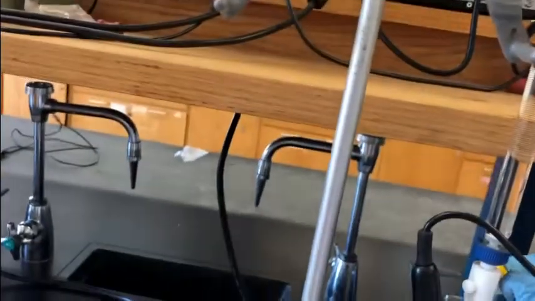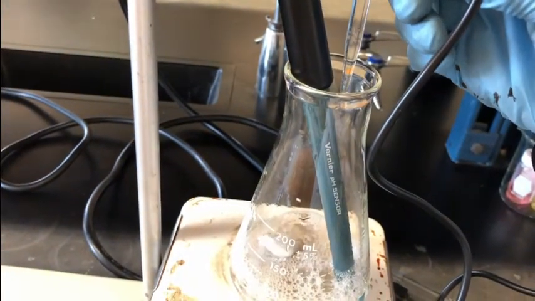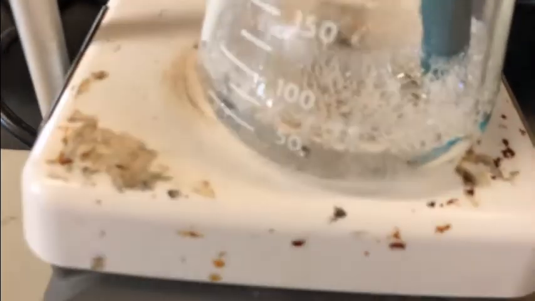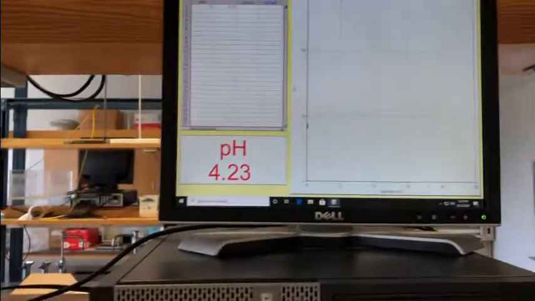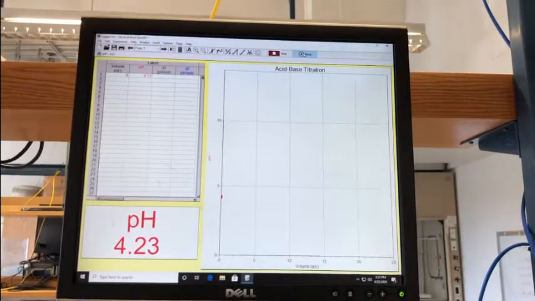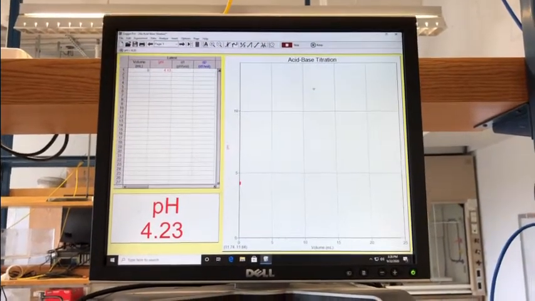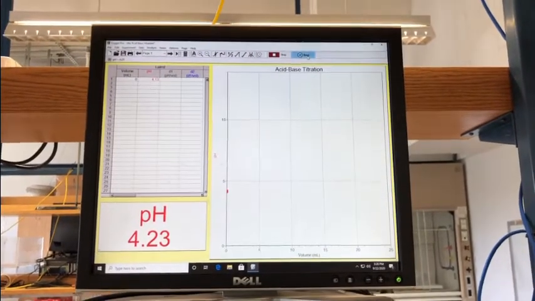Once I have added 1 ml of the sodium hydroxide, then the pH, as you can see, increases a little bit, so you should wait like 20 seconds, and then you click keep.